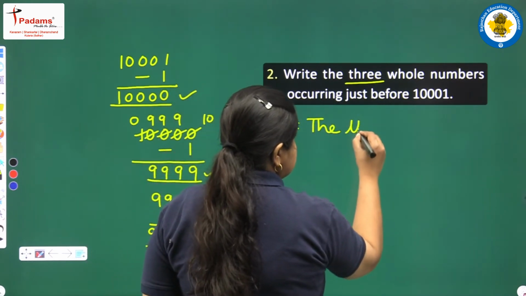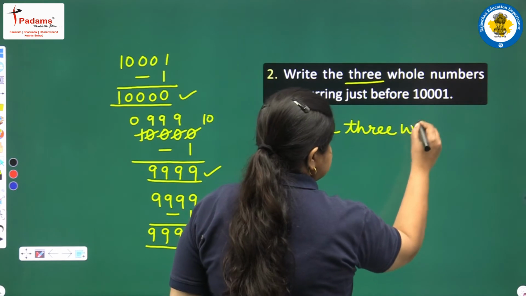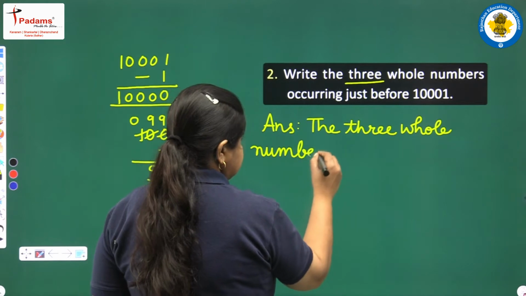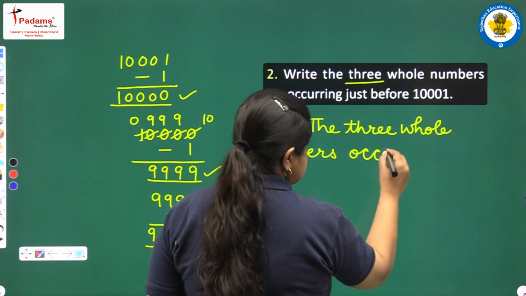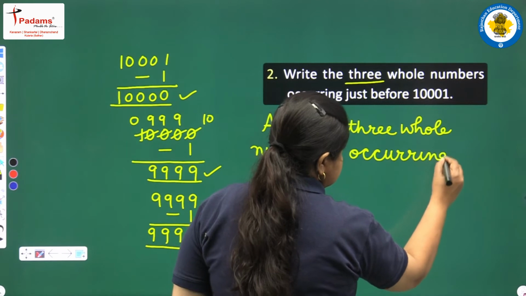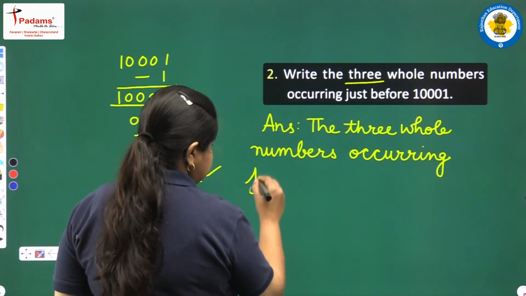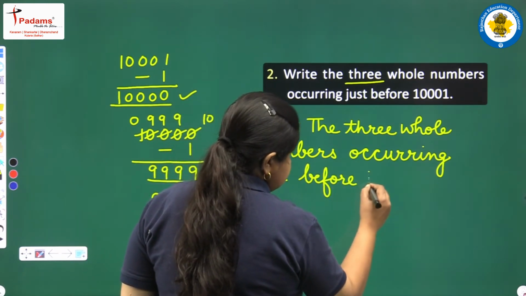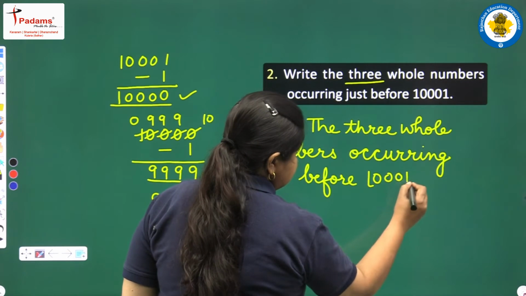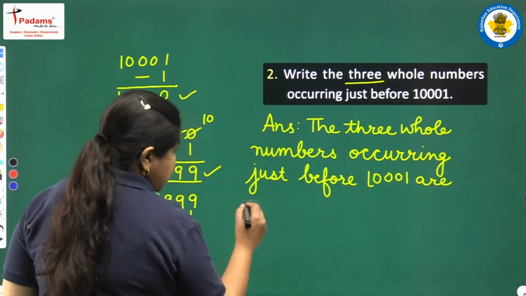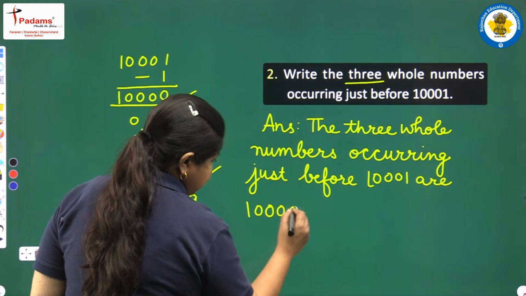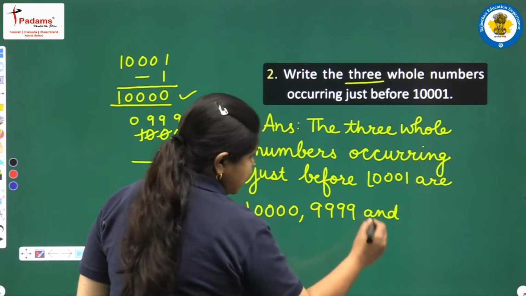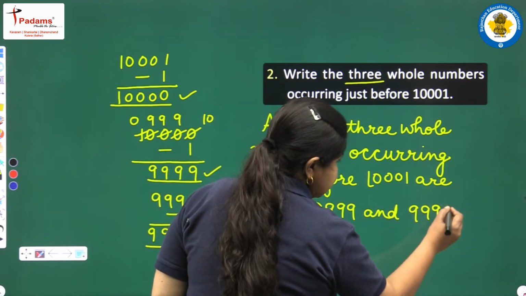The three whole numbers occurring just before 10,001 are: first one is 10,000, then 9,999 and 9,998.